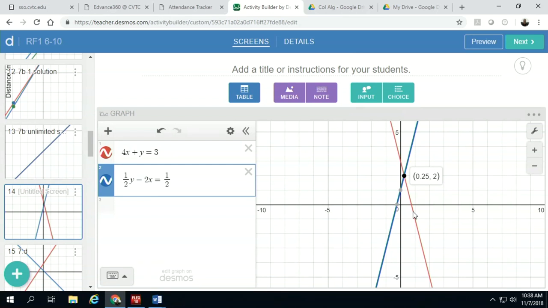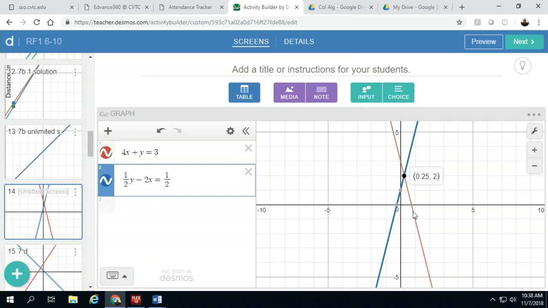Page 107. Elimination. How do you eliminate a variable? Well, you look here, you have 2y minus 3x equals 4. 3y plus 3x equals 1.